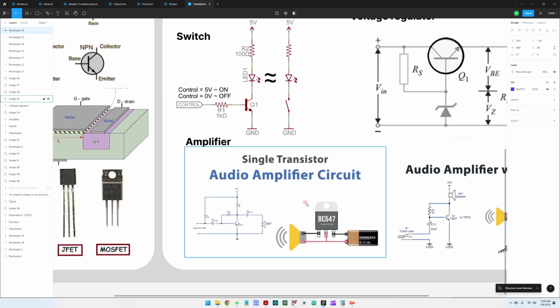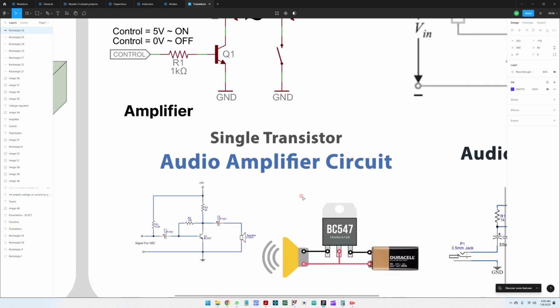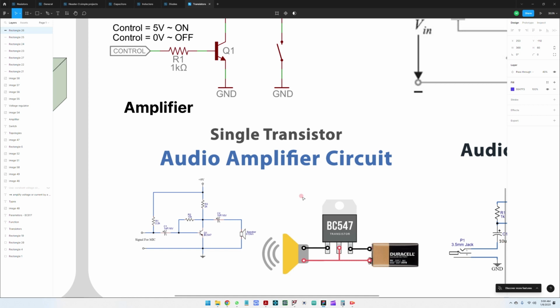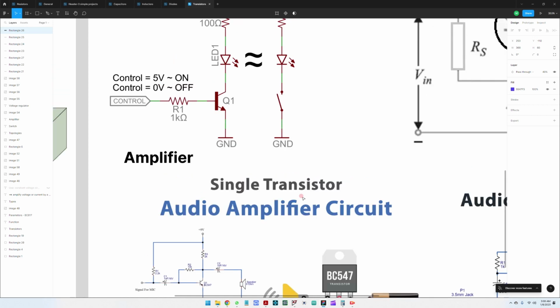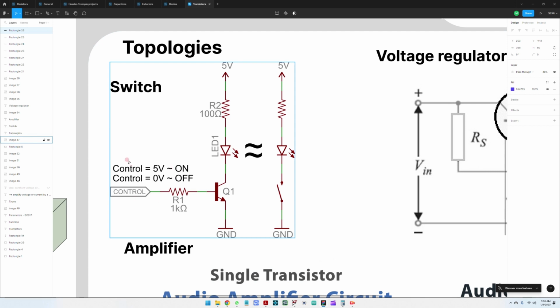Another very important application for transistors is a simple audio amplifier. In the previous case with the switch, the transistor worked with a very high amplification.